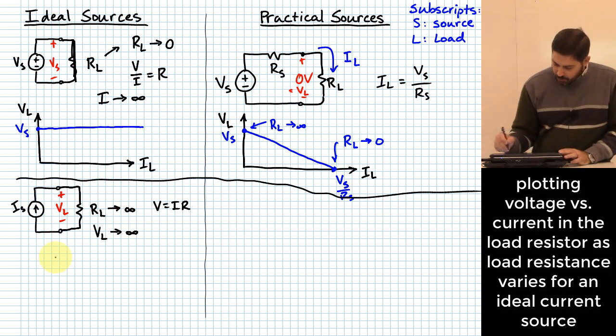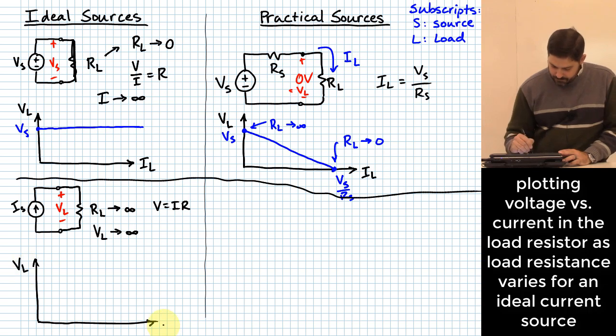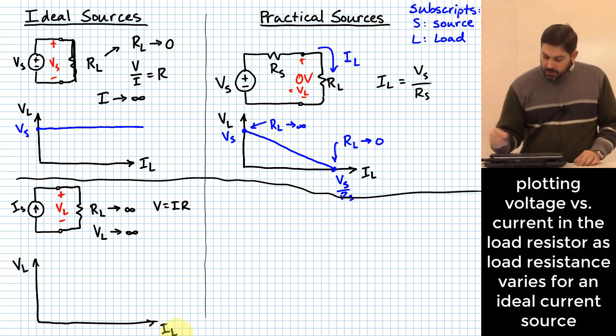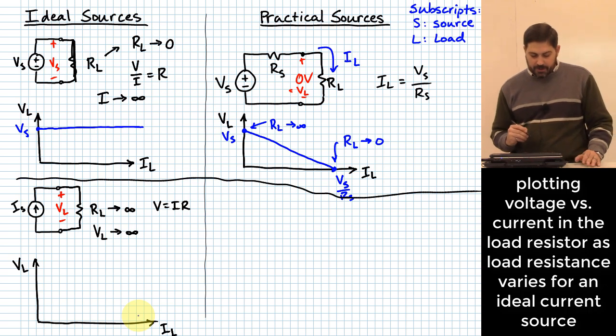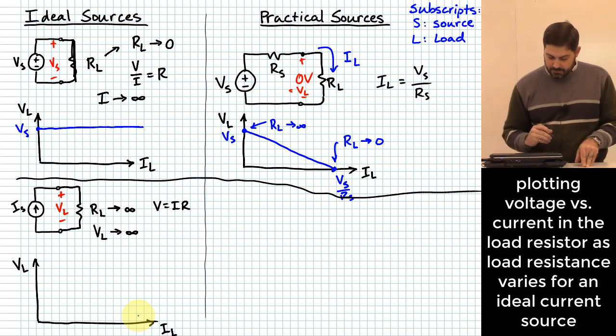Before I move on to what a practical current source might look like, what would the little graph look like if we think of voltage versus current? Depending on what value you have for your RL, let's say you have RL equal to 0.